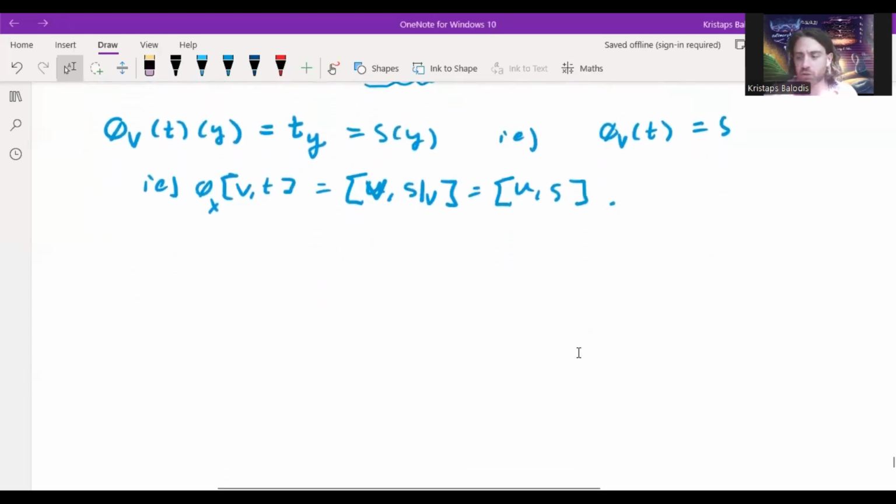Okay, but there's a little bit more to say. So in particular, this satisfies an example of something called a universal property, which I think we've discussed before. But what this says is there's one more piece to this puzzle.